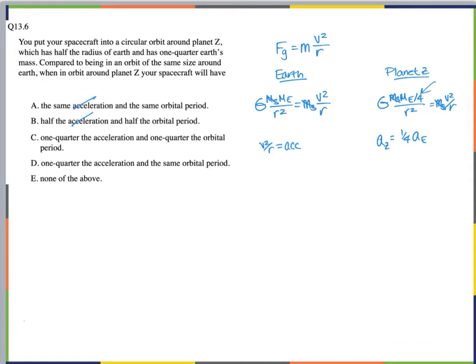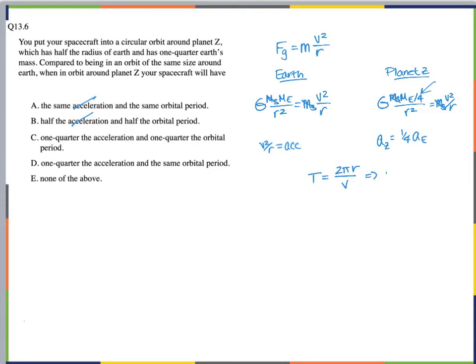We have to narrow down our choices of answers by getting some information about the period, because that's the second thing that is talked about in these answers. I mentioned that you could say that the period of the motion is the distance that the planet travels in one orbit divided by its speed.